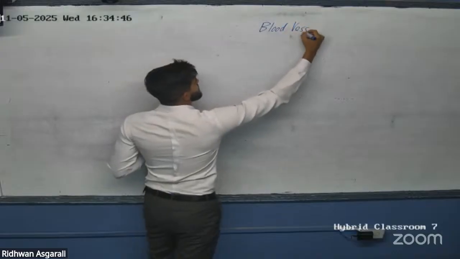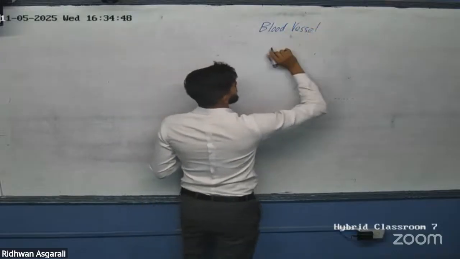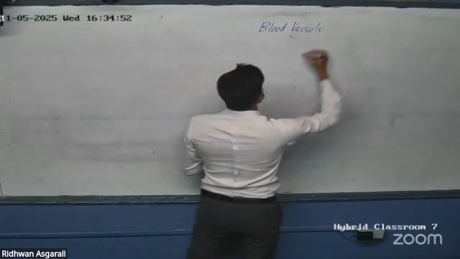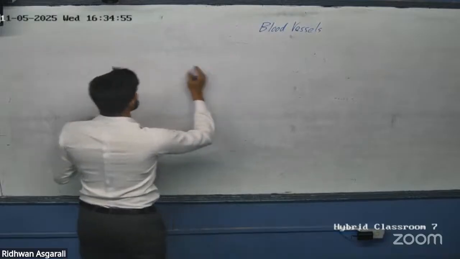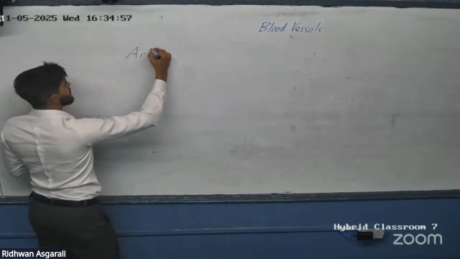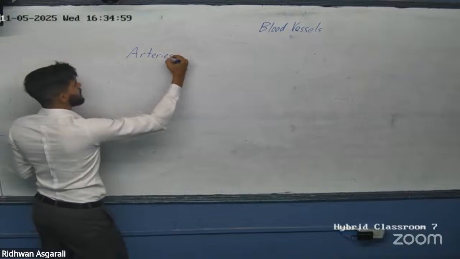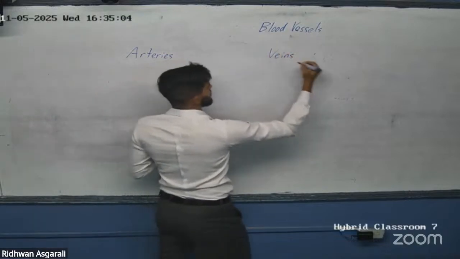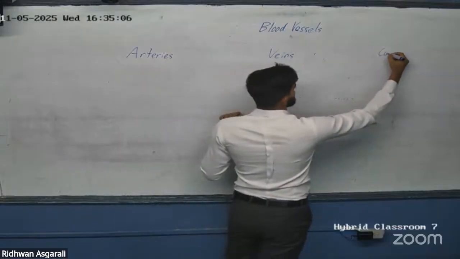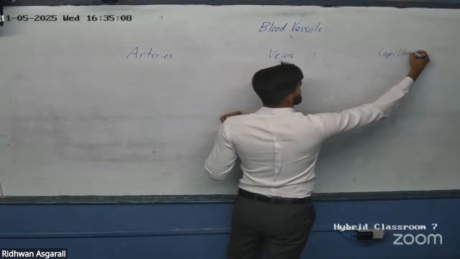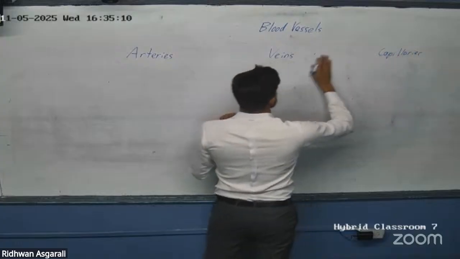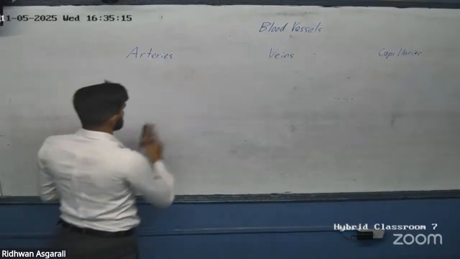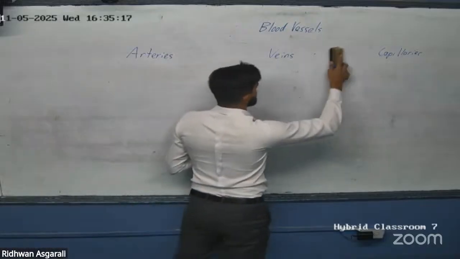Again, this is specifically for the mammalian circulatory system. The main blood vessels are the arteries, the veins, and the capillaries. These are the three main ones.